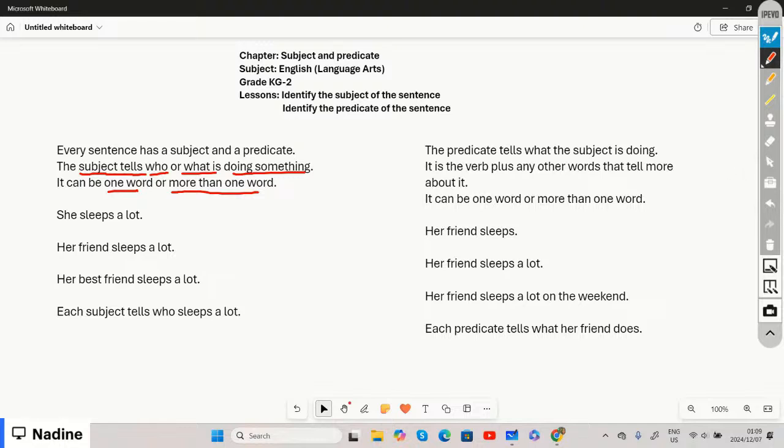And if we look at a few examples of a subject, which tells us who is doing something or what is doing something. And remember, we said that the subject can either be one word or more than one word.